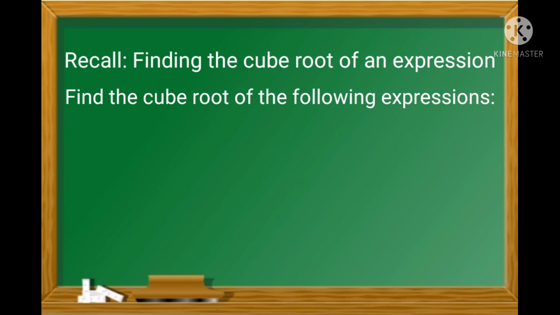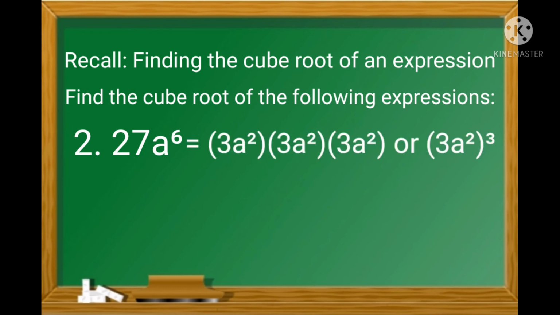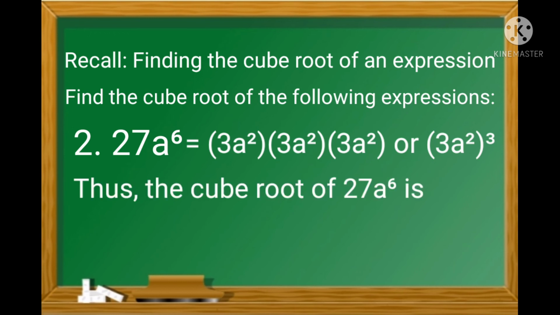Number 2. What is the cube root of 27a to the 6th power? 27a to the 6th power is equivalent to 3a squared times 3a squared times 3a squared, or (3a squared) to the 3rd power. Therefore, the cube root of 27a to the 6th power is 3a squared.